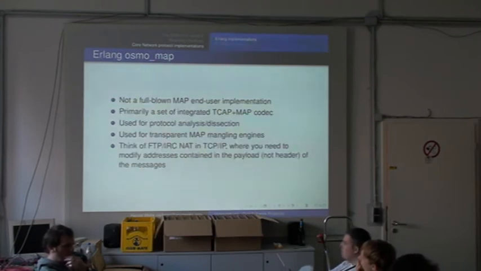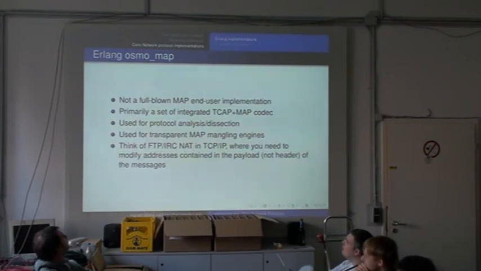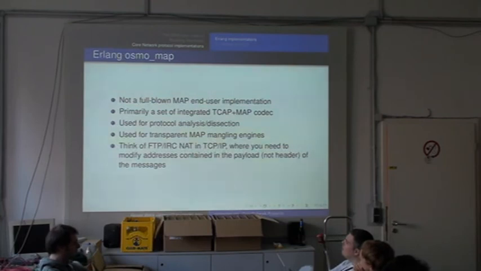Then we have Osmo MAP. Oh, where's TCAP? Ah, no, Osmo MAP. Yeah, okay, sorry, I'm getting confused myself. Before I was able to complete TCAP and a real MAP implementation, I wrote the Osmo MAP code, which is not a MAP implementation that people would expect. It's really the codec for an integrated TCAP and MAP codec.